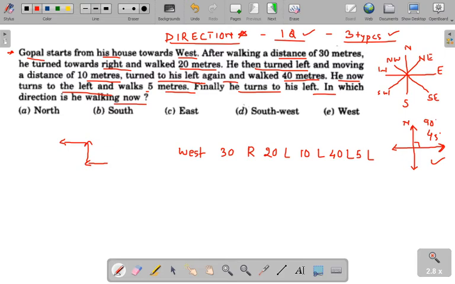Then he took a left again. Then he took a left again. And then he took a left again. So basically, right now he's facing north.